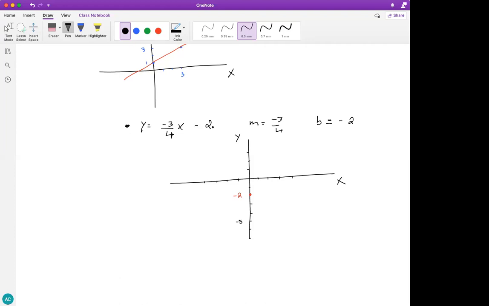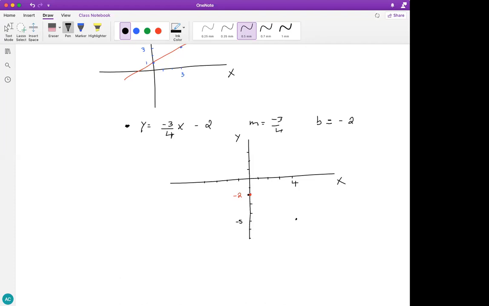So again, we start from here on the y, went down 3. That's the rise. Then we're going to go 4 units to the right on the x. So start from here, go down 3, 1, 2, 3. Then go 1, 2, 3, 4 units to the right.